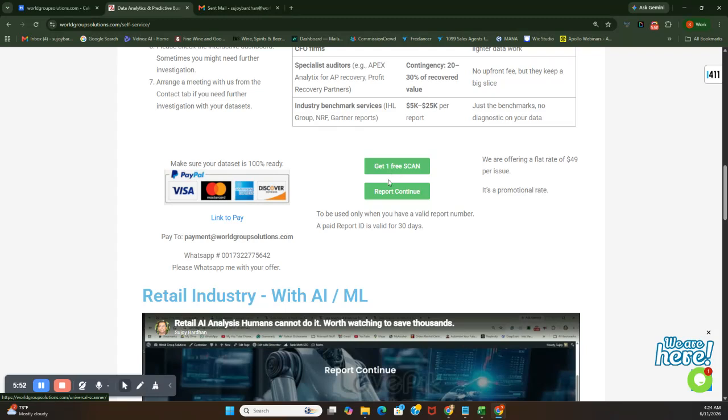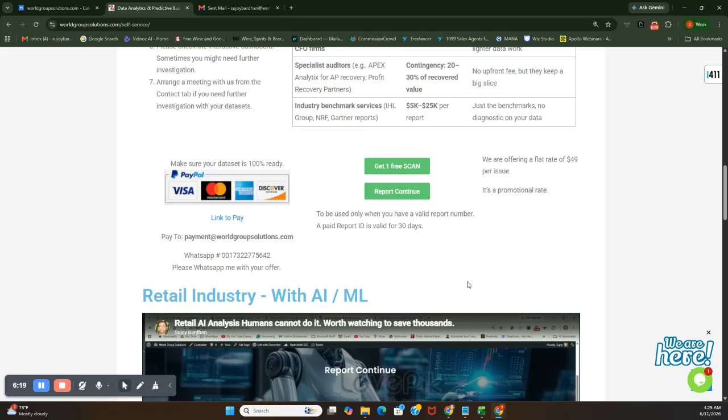Right now, in this case, I'm pointing you to World Group Solutions self-service, and over there you get a button for a free scan. But going forward, you might have your own area. Your URL could be different, your package could be different, everything could be different. If that's what you're looking for, please discuss it.